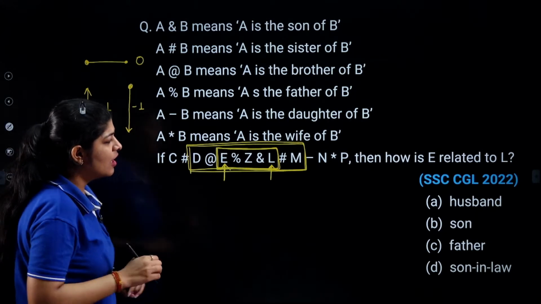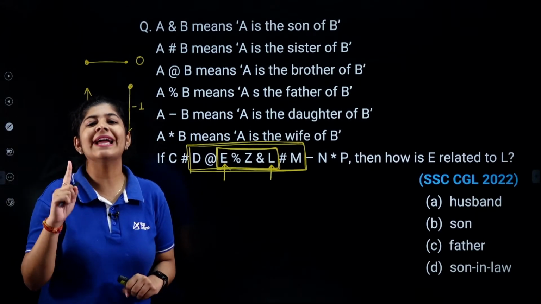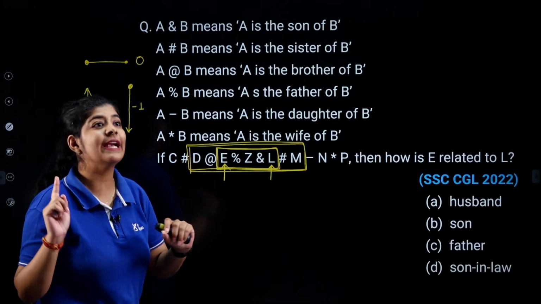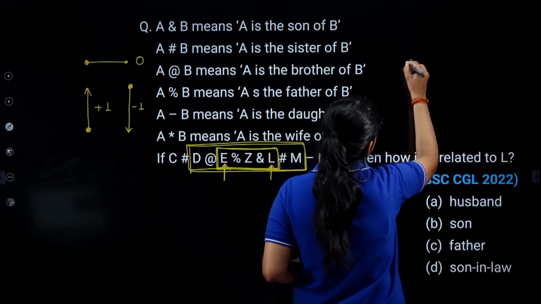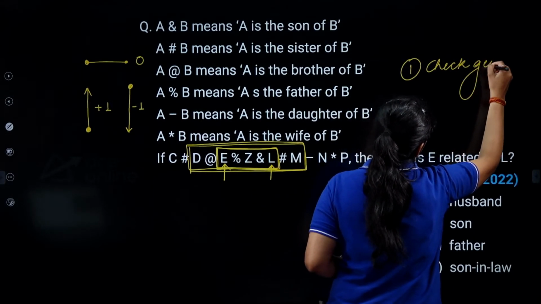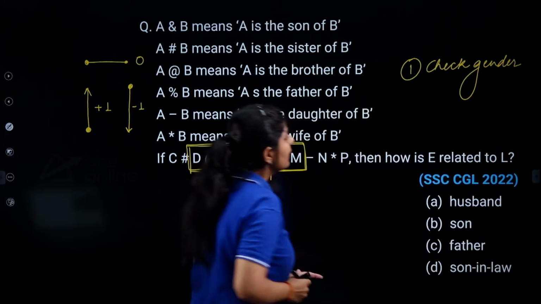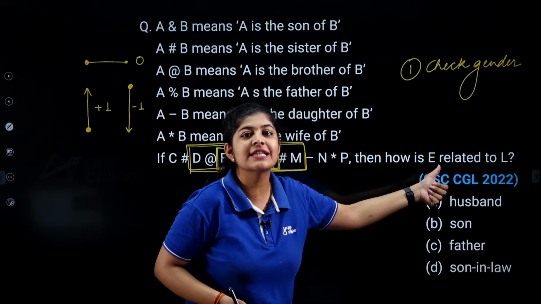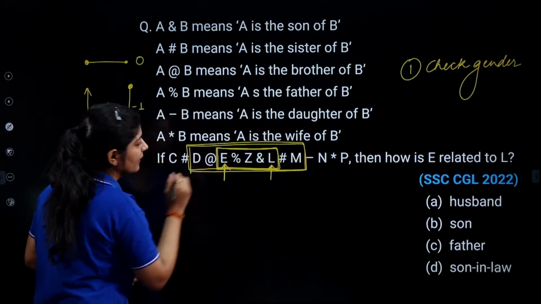Okay. So first thing, we just simply identify the gender. Whenever we are having such type of thing, just simply identify the gender. First step, check gender. Okay. Now, how is E related to L? So we need to check the gender of E. Where is E? Here.